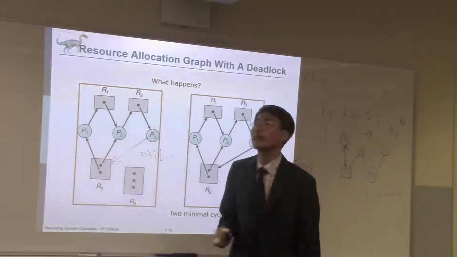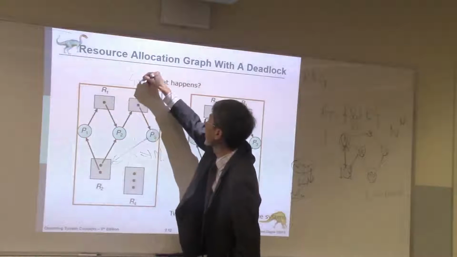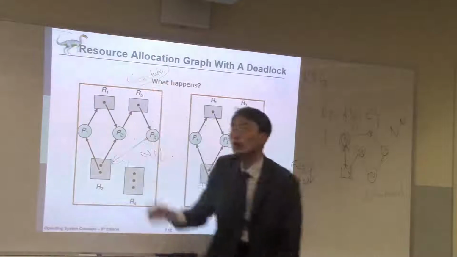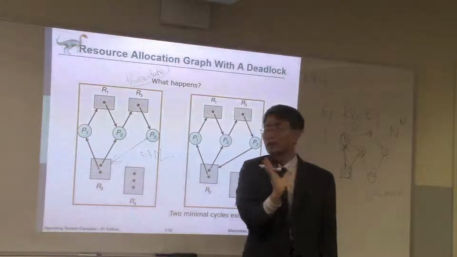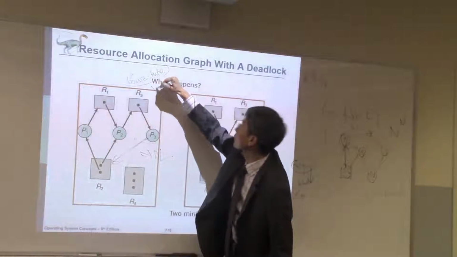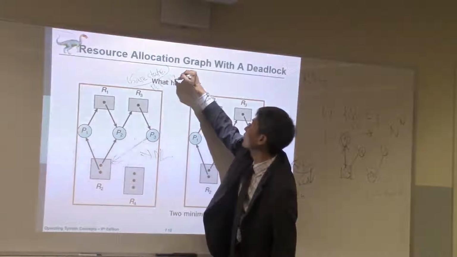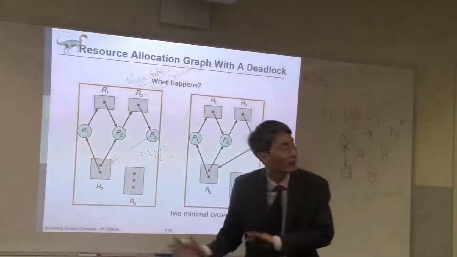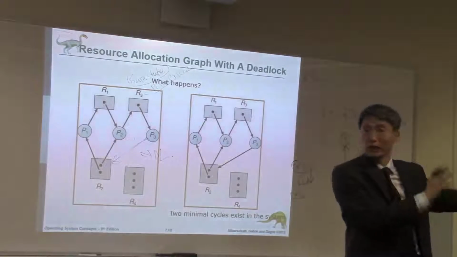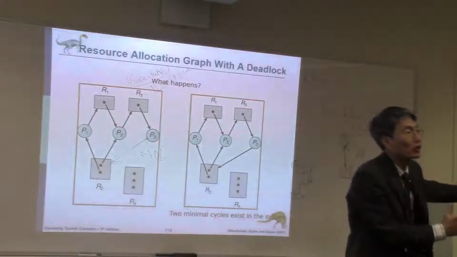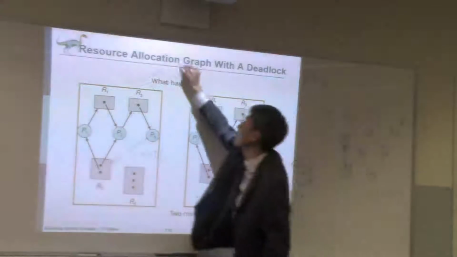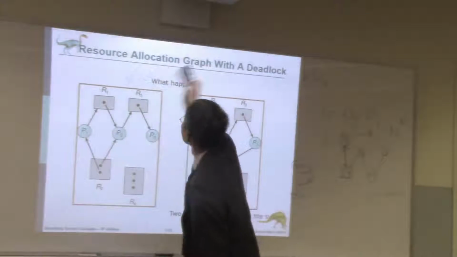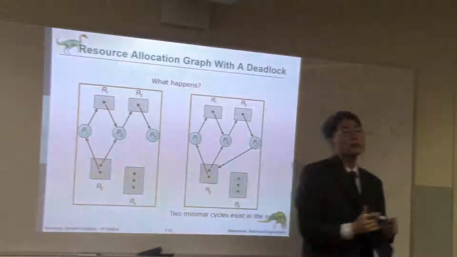At that time, we define the safe state. Safe state means if you can find a sequence of processes, like P1, P2, P3, P4, that can be terminated sequentially, so all processes can be terminated, then that is called a safe state. So for example, is this a safe state or not?